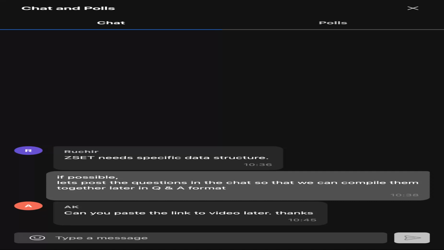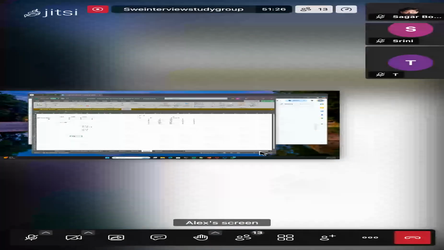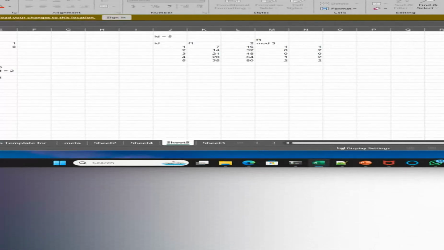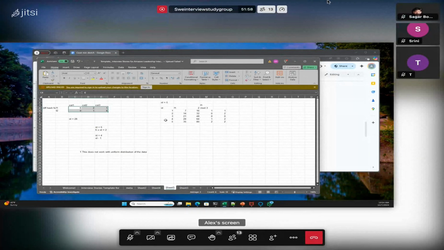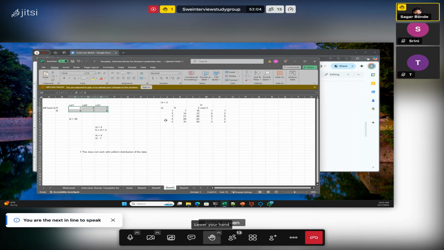There are multiple approaches. This does not work with uniform distribution of the data, because uniform distribution will pollute each and every cell and you will not get good numbers. So count min sketch gives you very good results if you have elephant flows and mouse flows, which means some IDs are used a lot and some IDs are not significant enough to make numbers wrong.